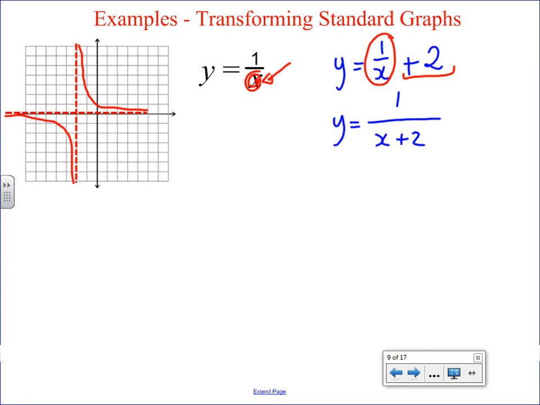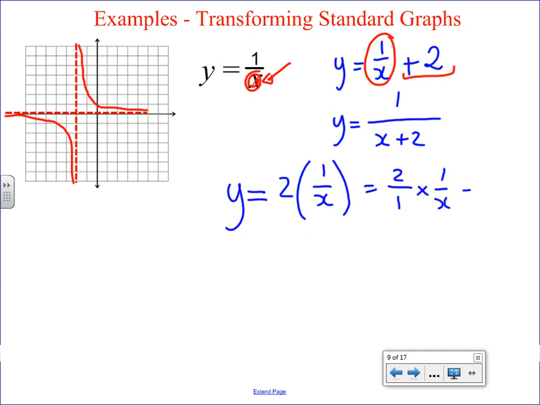Okay, similarly to the cubic, when you do a stretch, you can hardly see it, but let's have a look at what would happen. Let's do an outside one, 2 lots of 1 over x, which I could write like this. Okay, I'm going to move back to where it was, if I've got any other transformations on it. Okay, so it's a stretch, good. How else do we describe it?